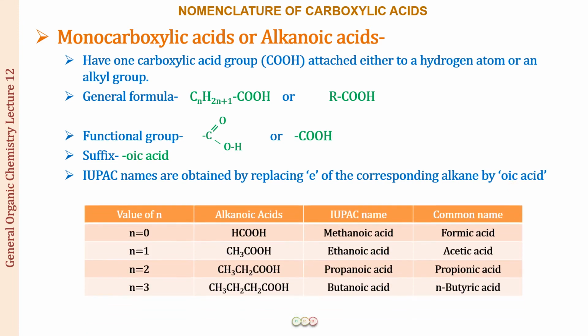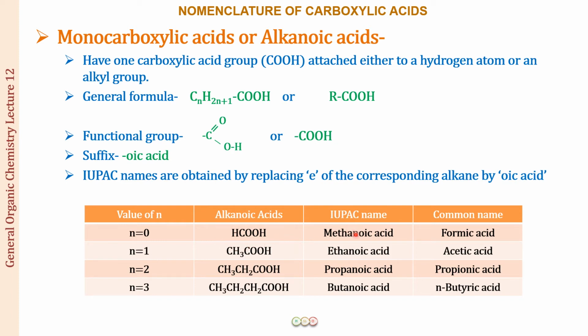A few examples. n is first of all 0, and this n refers to the alkyl group. So with n equal to 0, there is no carbon in the alkyl group. This means HCOOH, the simplest monocarboxylic acid, and we call it methanoic acid because a carbon is still present in the compound.